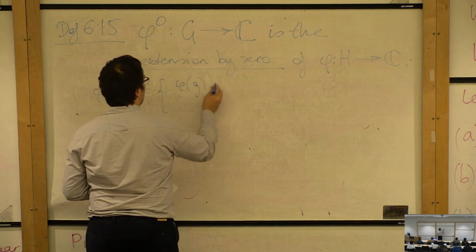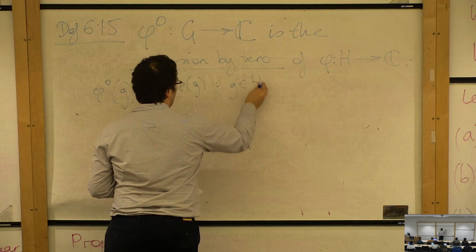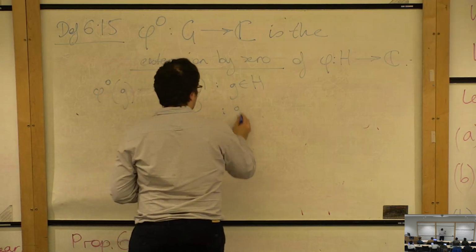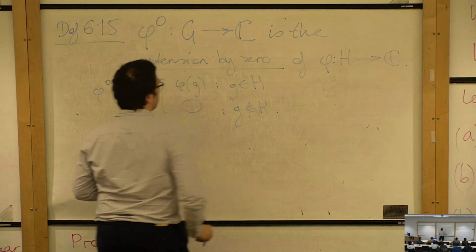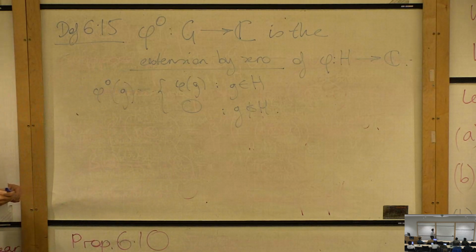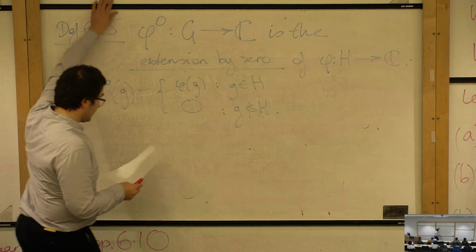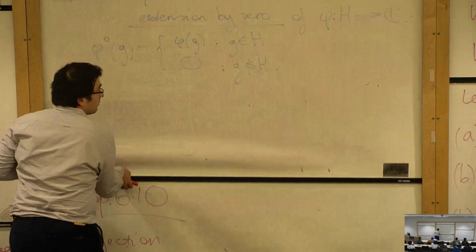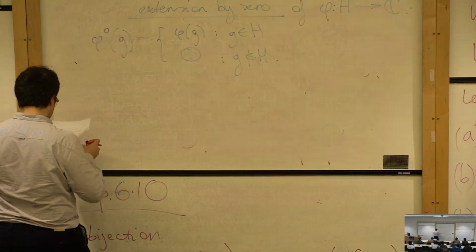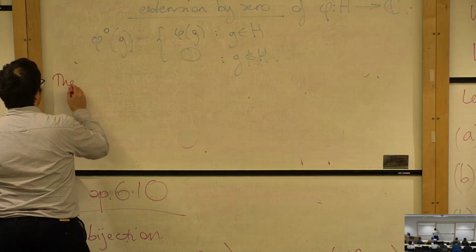It's phi on H and 0 outside H. That notation is the invariant form of the trace, so the induced character.